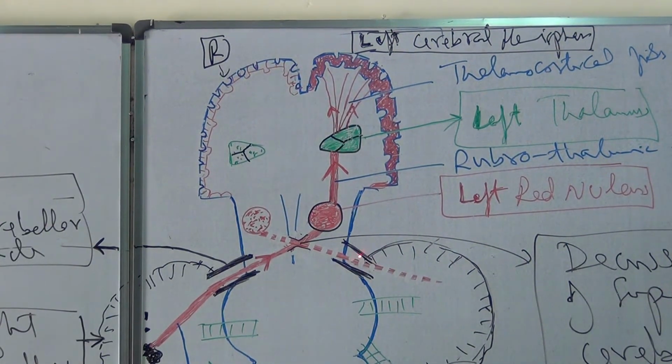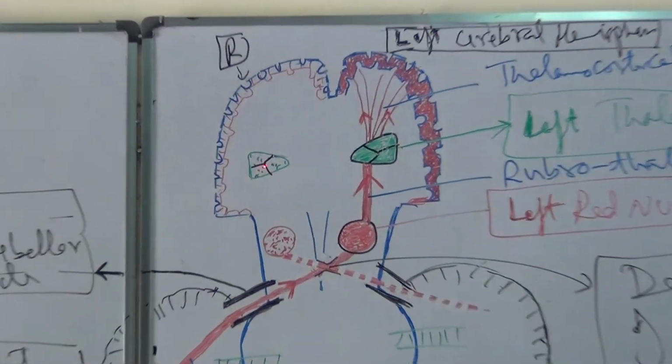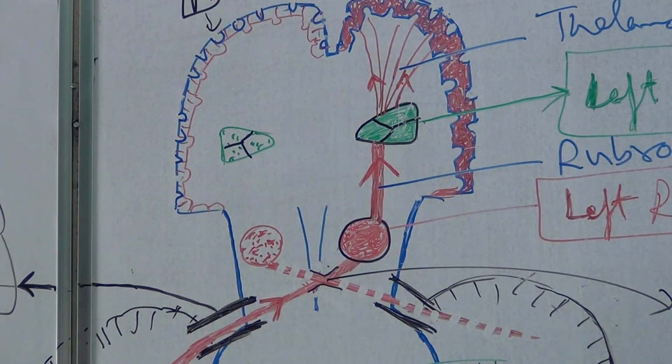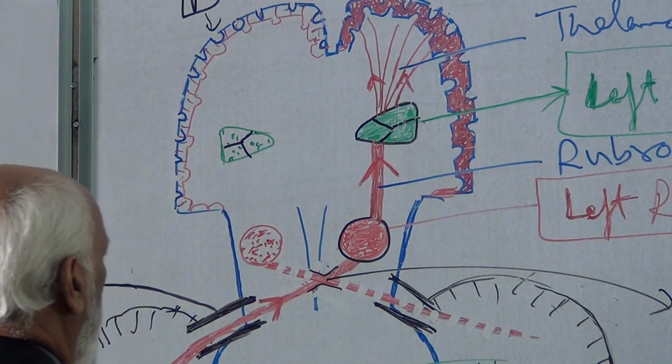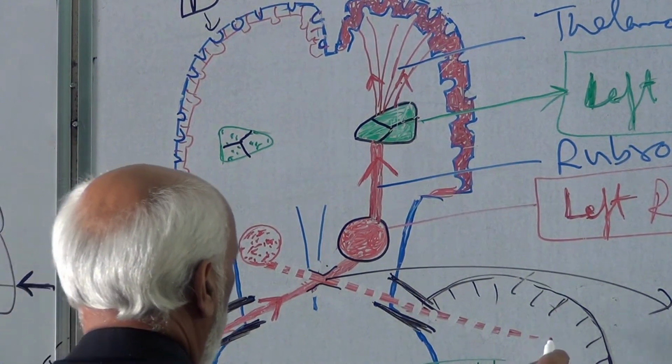passes through the left superior cerebellar peduncle, relay in the right red nucleus, then continue to relay in the right thalamus and then right cortex. So we can draw these fibers, these broken red fibers.